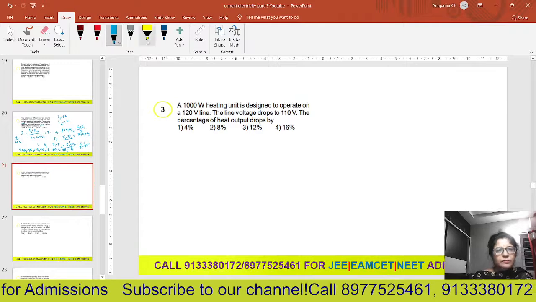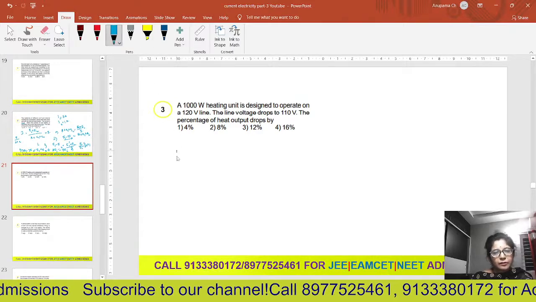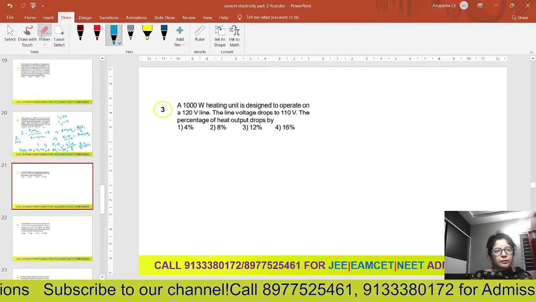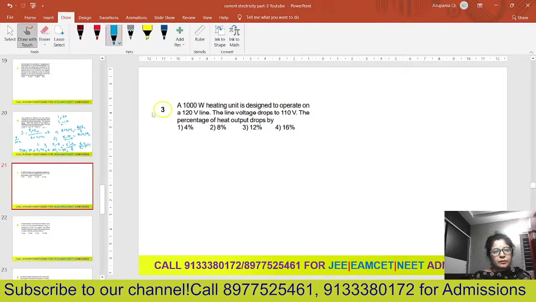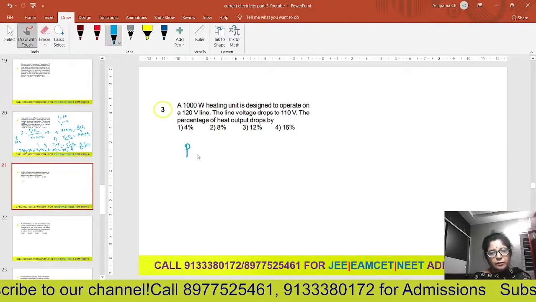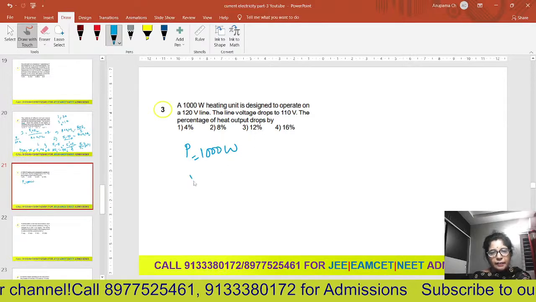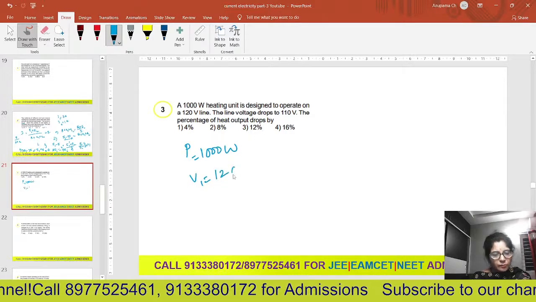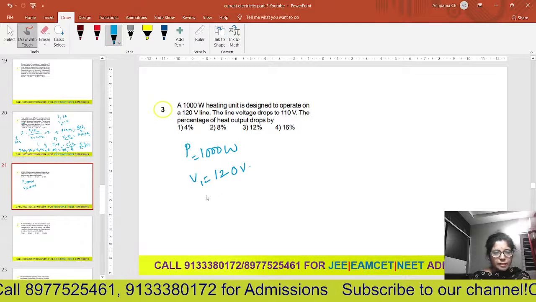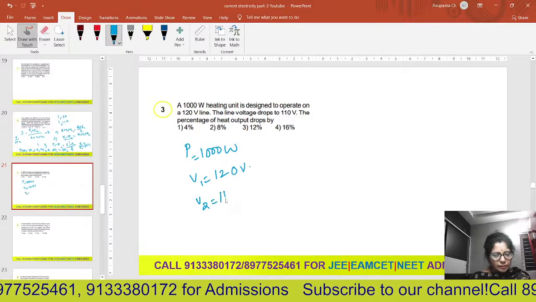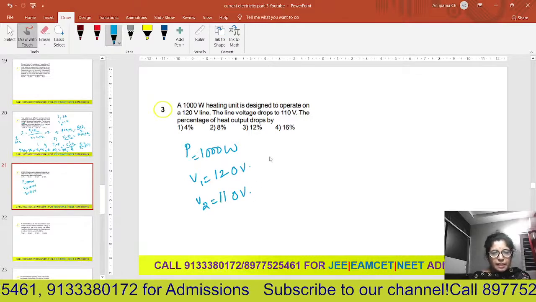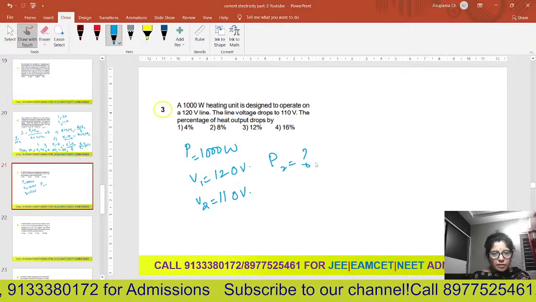P is equal to 1000 watts and V1 is equal to 120 volts. V2 is equal to 110 volts. They're asking P2 is how much?